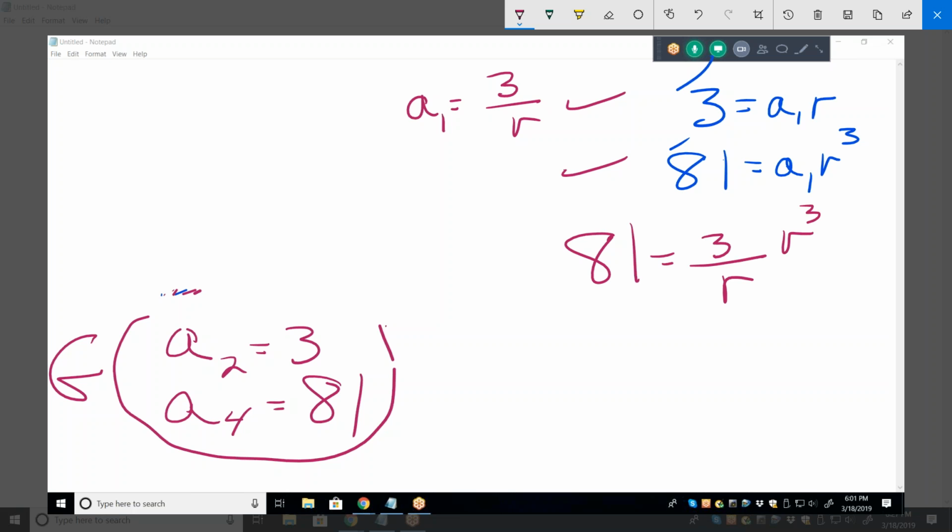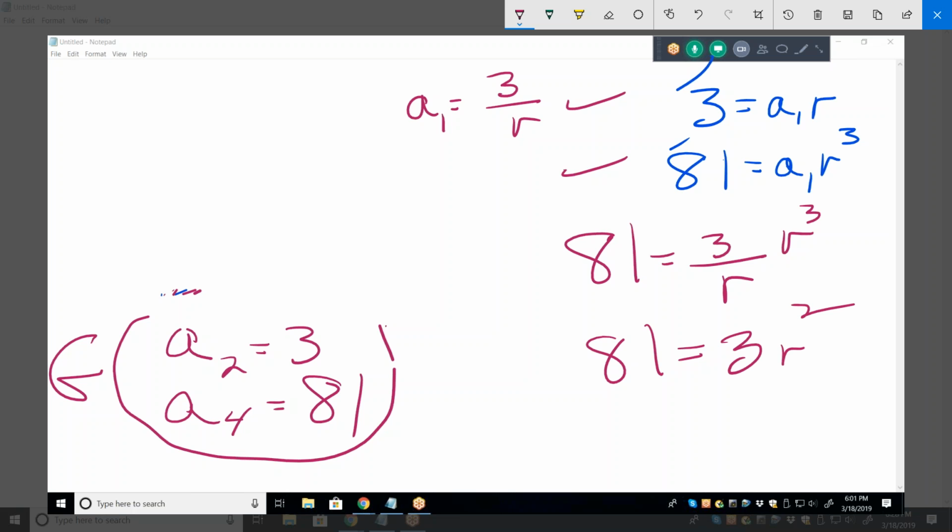Now solve that. In other words, r cubed divided by r is r squared. And then divide by 3 on both sides.